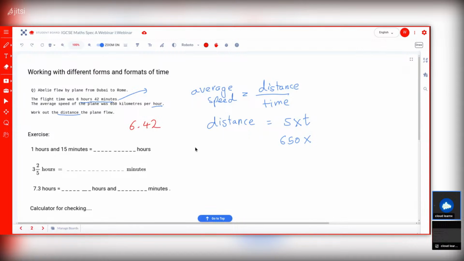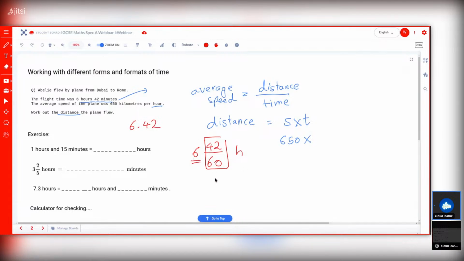So you could do 6 full hours, and then write it as a mixed number, which is 42 minutes out of 60. Why 60? Because that's one complete hour. So this is a fraction of an hour, and there's 6 full hours. That's one way you can represent this in hours: 6 hours and 42 out of 60.